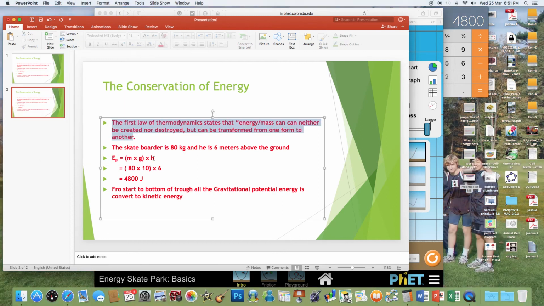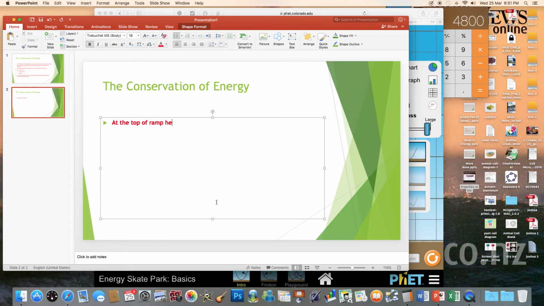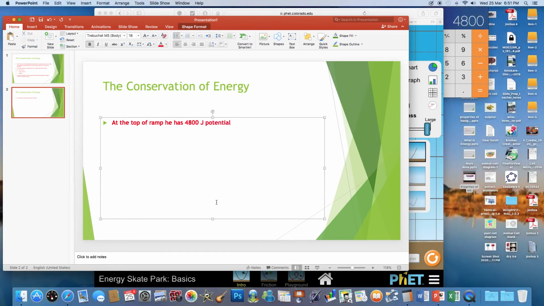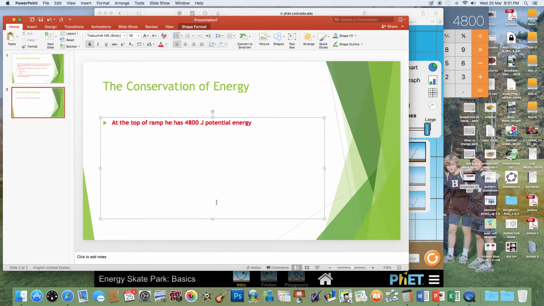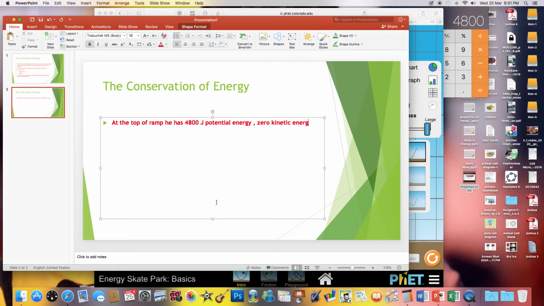So at the top of the ramp, he has 4,800 joules of gravitational potential energy, and 0 kinetic energy, because he's not moving there. For that brief moment in time, he's stationary.